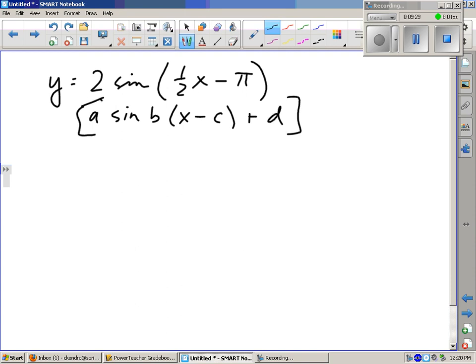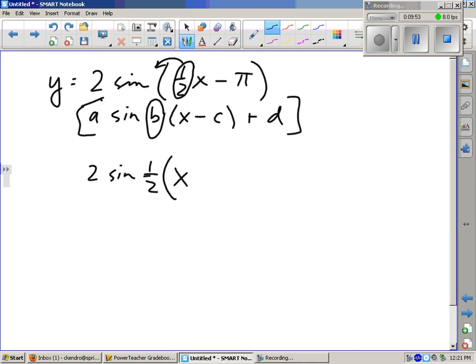What's different is this 1/2 is on the inside of the parentheses and this b is on the outside. We have to get the 1/2 to the outside in order for it to be properly graphed. So 2 sine is okay. I'm going to bring the 1/2 outside. So it's like I'm going to take a 1/2 out front.